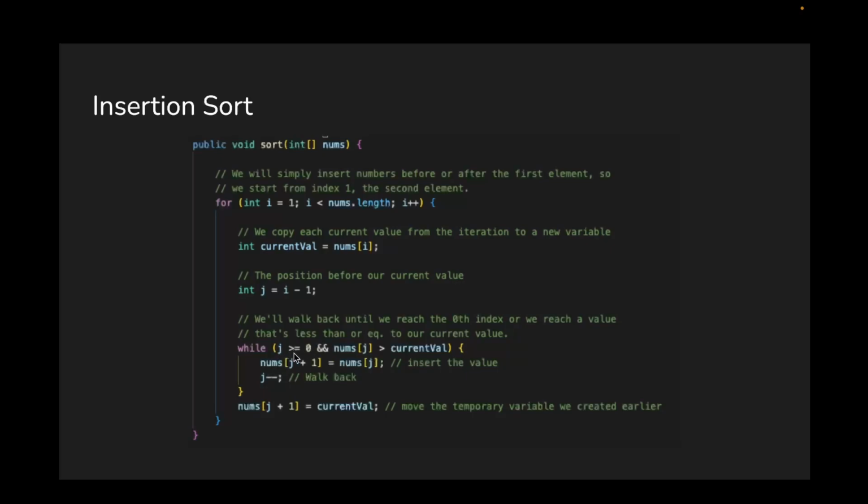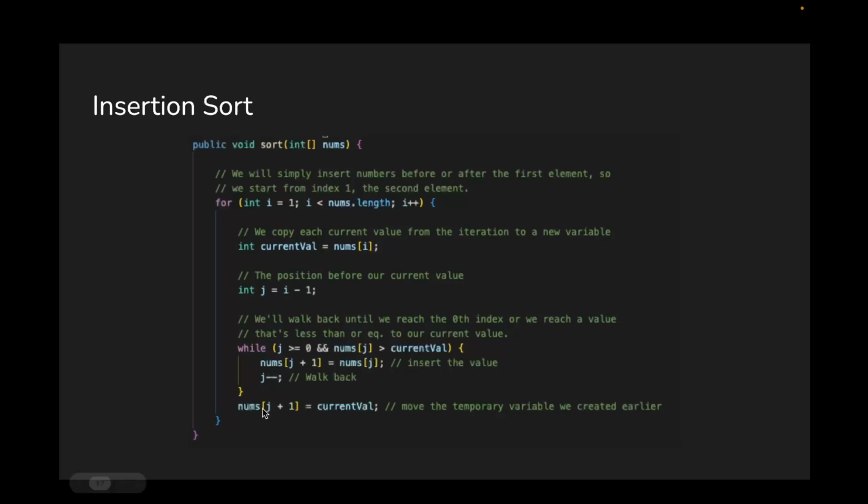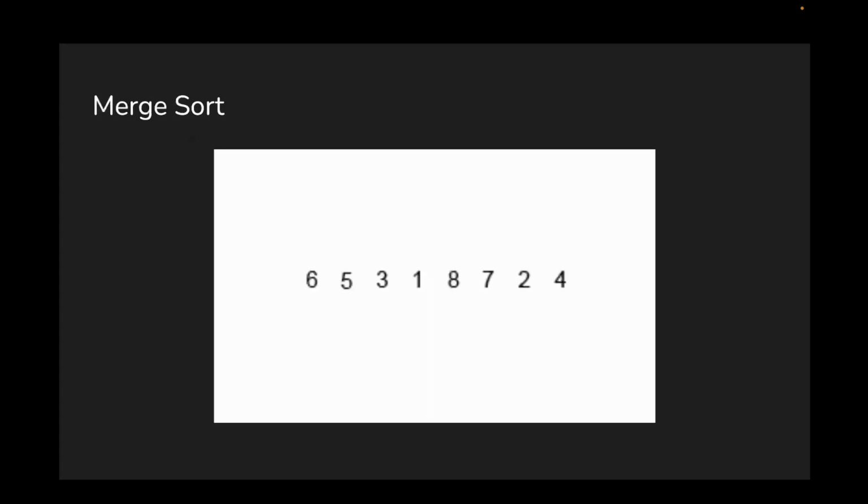So while j is greater than or equal to 0, and the value that we are at is greater than the current value, then we want to move the current value back. Once we find it, we insert the value, and then we continue walking back. So we're moving back this element at this point, and then we move the temporary variable that we created earlier.